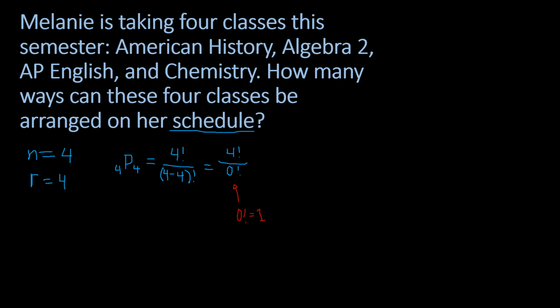Okay, so this is actually just 4 factorial over 1. So 4 times 3 times 2 times 1 over 1, which we don't have to write over 1. So we already did 4 factorial, right? That's 24. So she has 24 ways she could arrange her classes.